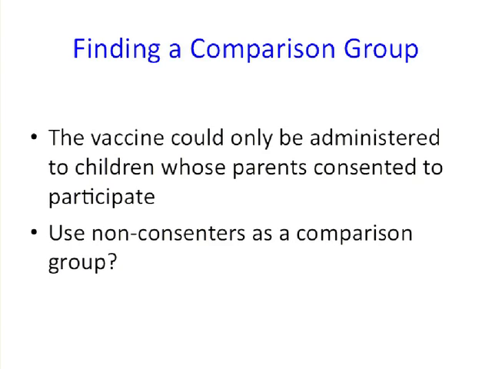That's exactly right. So the statement was, is it possible that there's a very fundamental difference between the parents who are likely to consent and those who do not? So could there be some difference that would also affect the rate at which they might get polio? And the suggestion was, are poorer people less likely to consent or more likely to consent than higher income people?